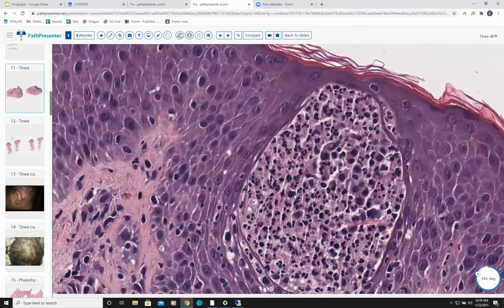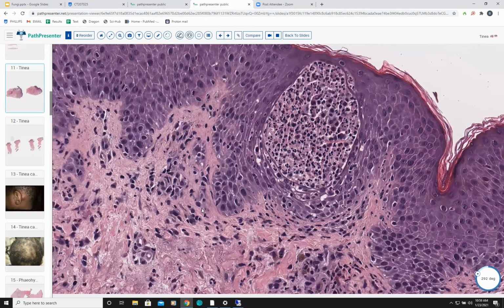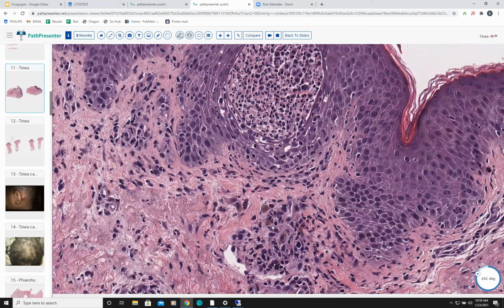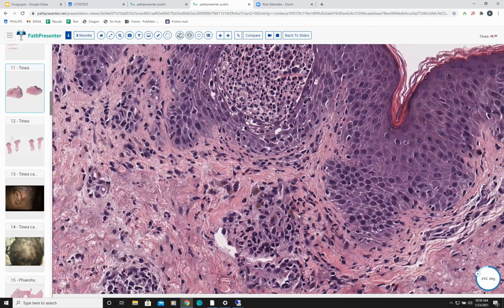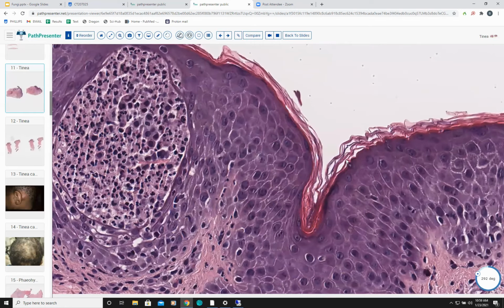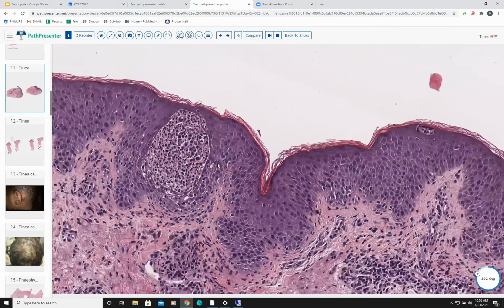The vesicles are filled with neutrophils, and then you've got a superficial perivascular infiltrate, lymphocytes, neutrophils, some eosinophils. And this one is not so easy because when you look at the scale, it looks fairly normal.